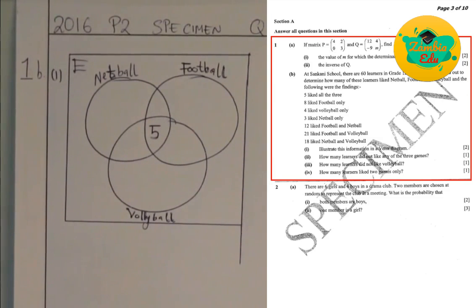8 liked football only, so this one is very critical. So we are looking at, we are told that 8 liked football only.